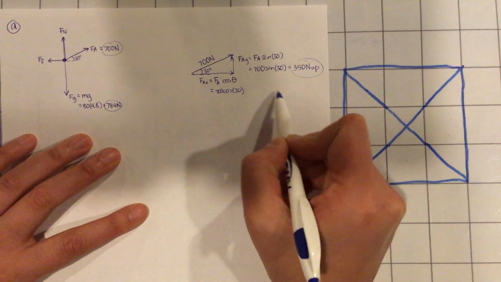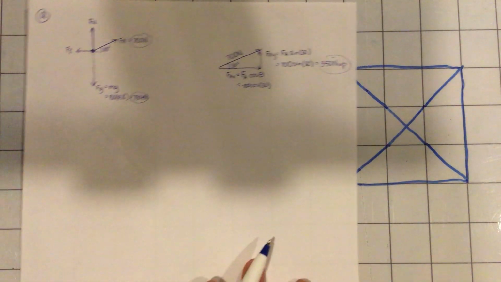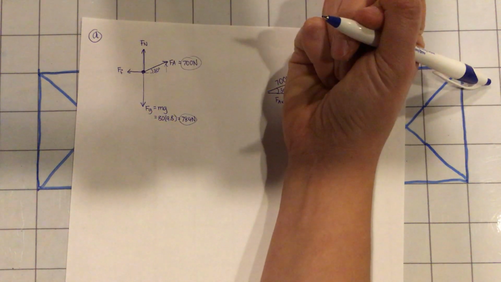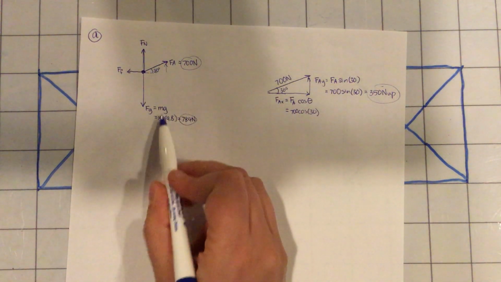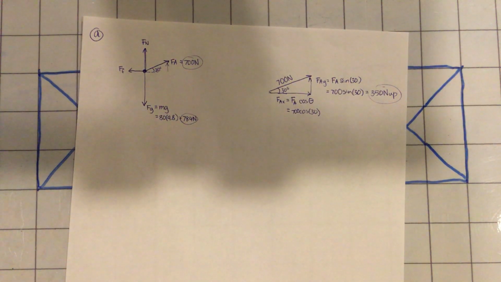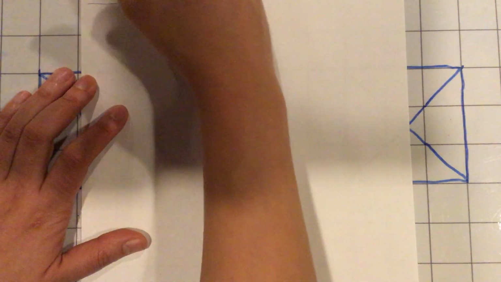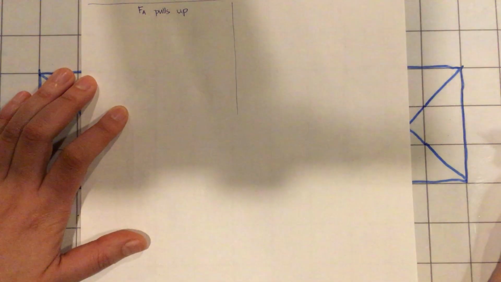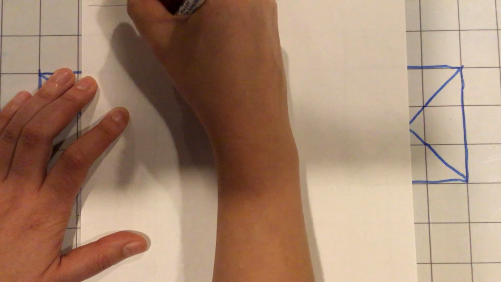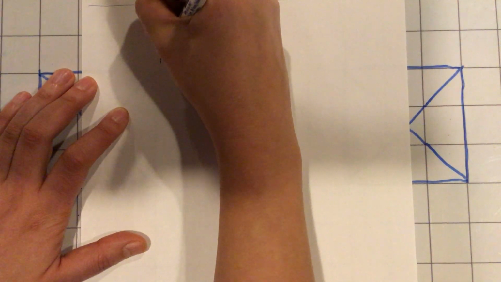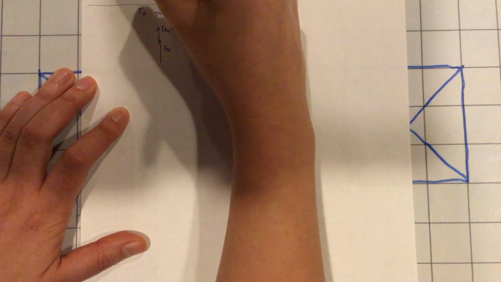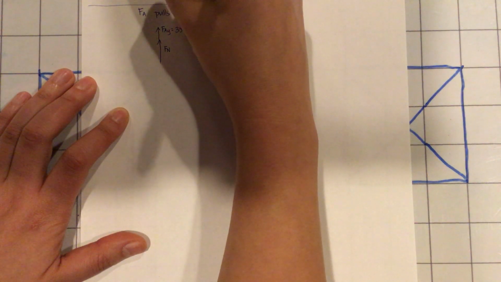What I really need is this 350 newtons up, because in order to be in equilibrium in the y direction, the y component of FA plus the normal force have to add up to 784. So, hey, side note, if I have a problem where my applied force pulls up, like the one we're currently doing, that means the normal force pulls up with some magnitude, but so does the y component of the applied force. In this case, the y component of the applied force is 350 newtons.